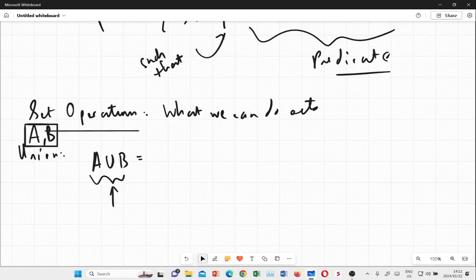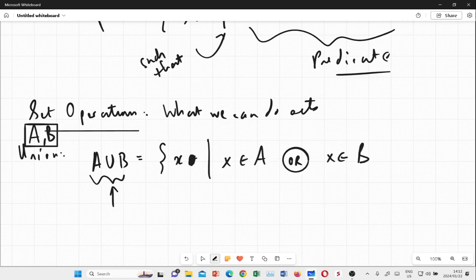You pull all the elements of A and all the elements of B, and you merge them into a new family. So this is a new family of elements x, such that, normally you use small letters for elements or things, x belongs to A or x belongs to B.